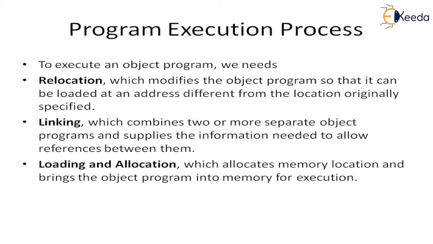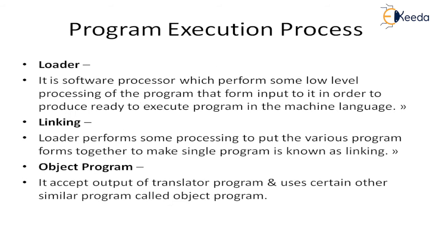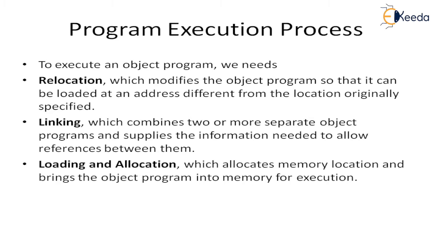Under this program execution process, to execute an object program, as we also studied in our first diagram, we need relocation, linking, loading and allocation. So what is meant by relocation?